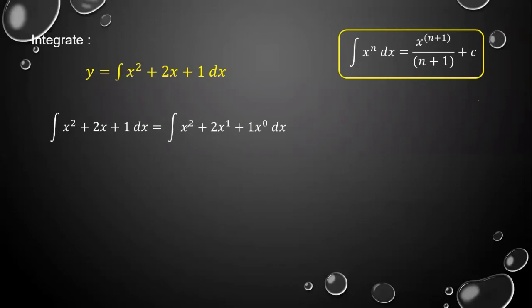Students, to make sure this function is clear and to help you solve this very fast, we have to understand that 2x is actually 2x to the power of 1.